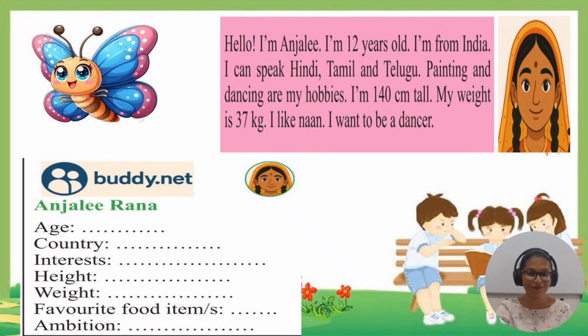There also we met a new word. What is that? Naan. Her favorite food item is naan. It's an Indian dish. If you have never seen naan, after this lesson you can go through the internet and find what it is, right?